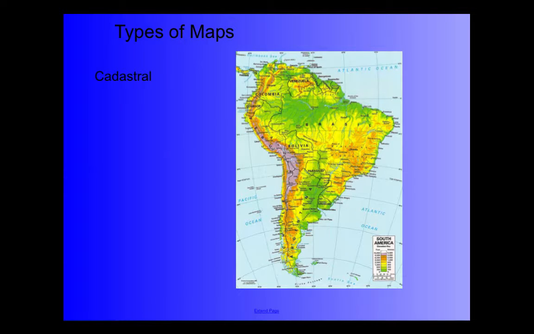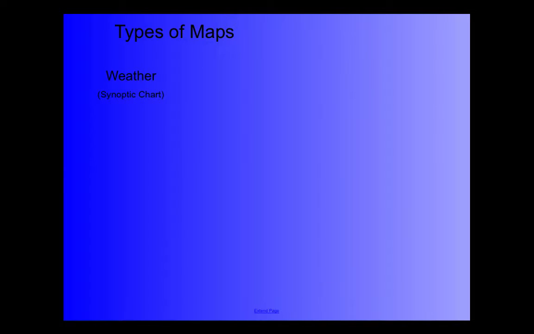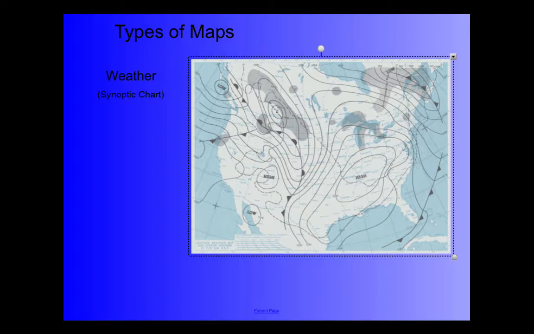A map that you probably see regularly on the nightly news is a weather map, or sometimes they're called synoptic charts. And on a synoptic chart we see all sorts of things that are going on in the atmosphere. And here's an example of one that's in the United States of America, and it's showing us a number of different things, different symbols for different types of weather.